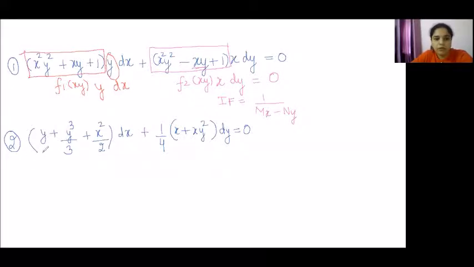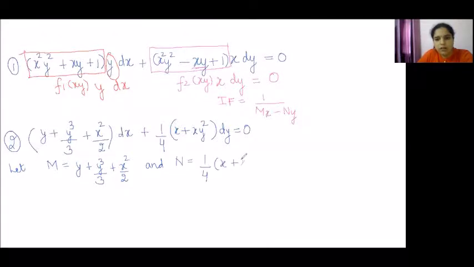For the third rule, we need the partial derivatives. So first of all, what is m here? M is y plus y cube by 3 plus x square by 2, and n is this.